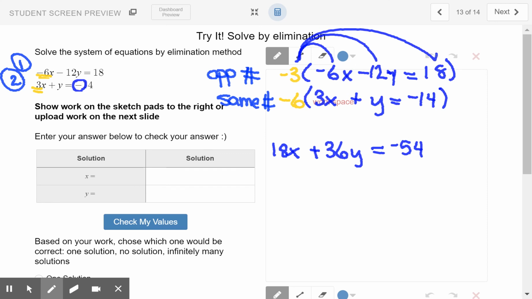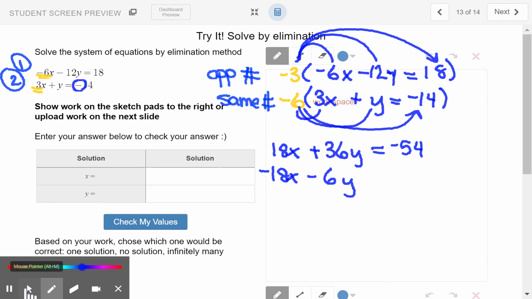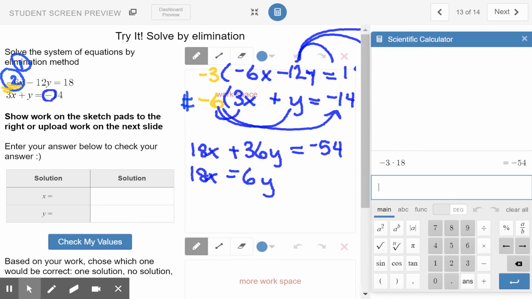So make sure you multiply all the way over. And then we can do the bottom one. So negative 18x. Negative 6 times y is negative 6y. And then there's another number. And the other thing that's nice about this calculator is that it saves your information. So that will get you a positive 84.